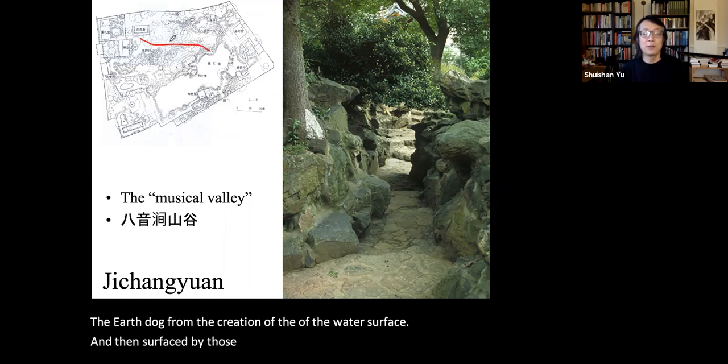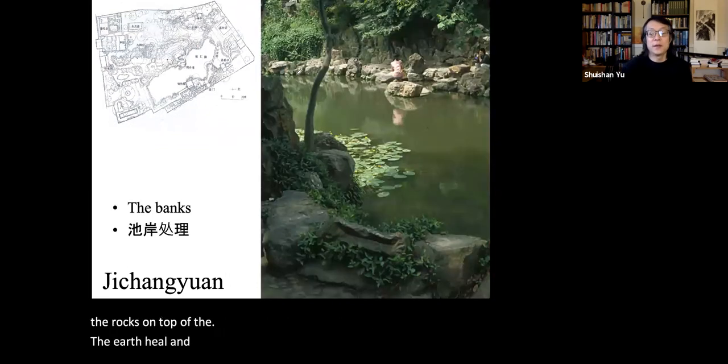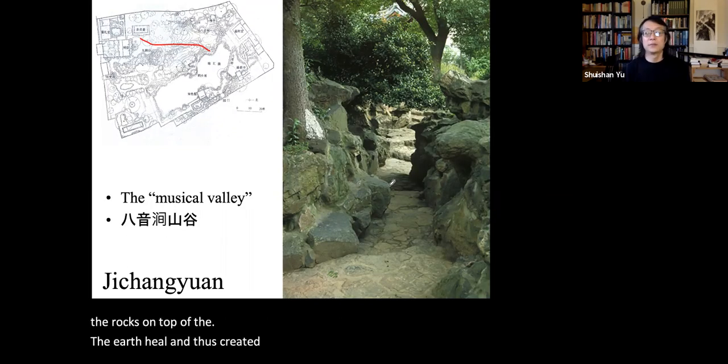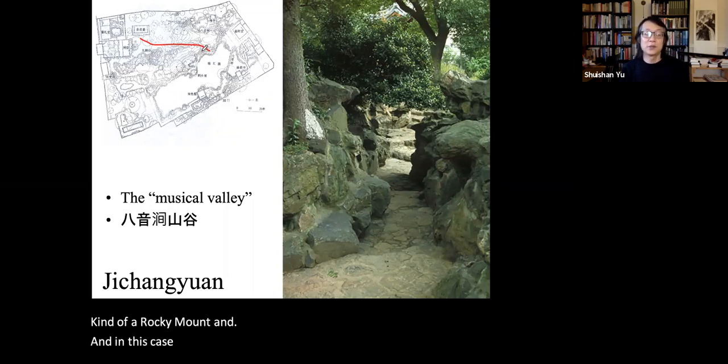So you pile up the dirt and then you put the rocks on top of the earth hill, and thus created this kind of a rocky mountain surface. And in this case, the passage was created like a valley.